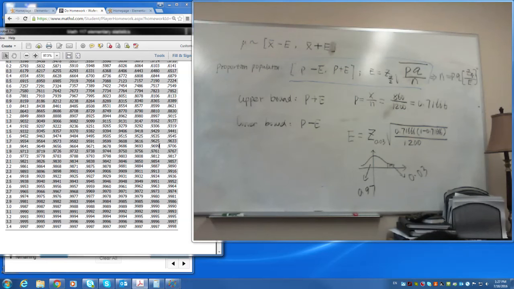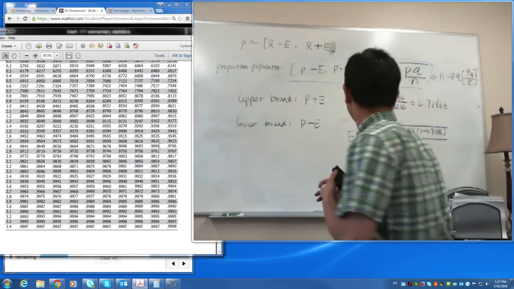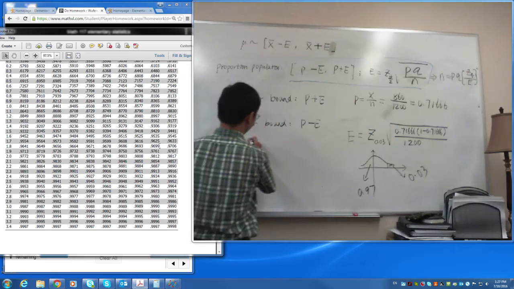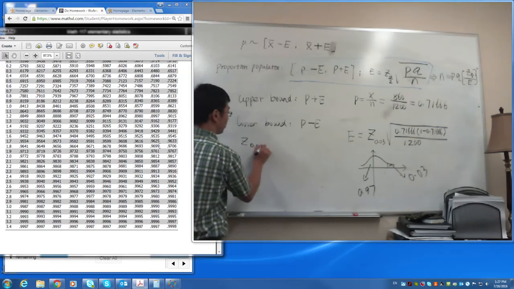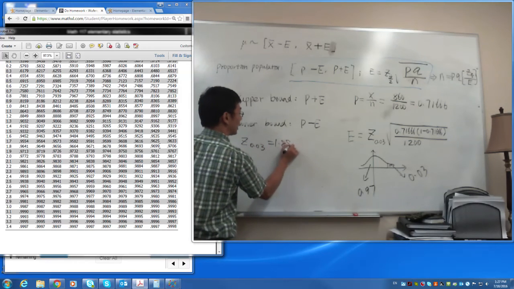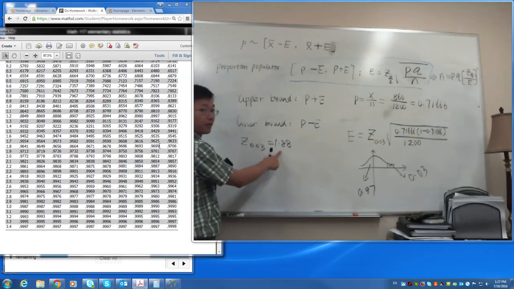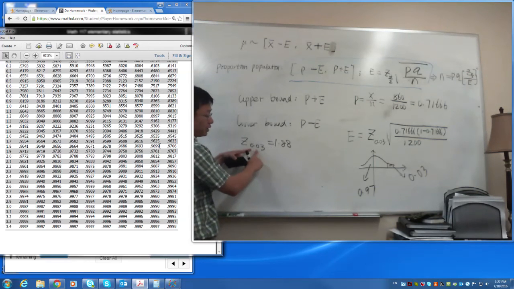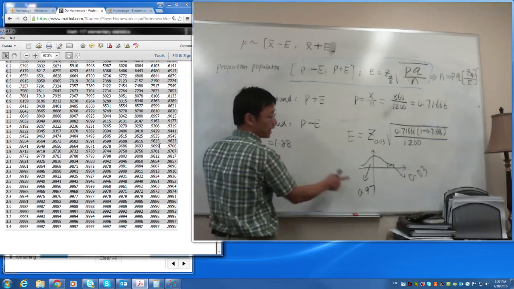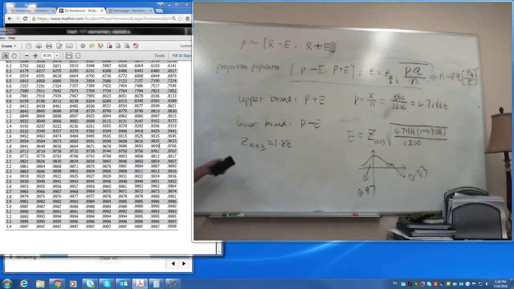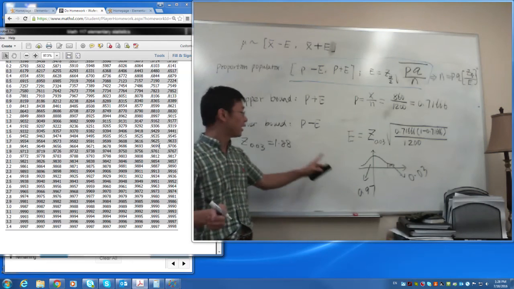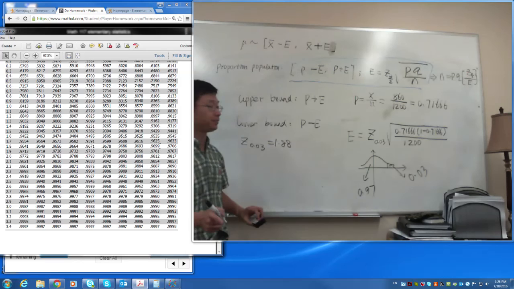So it's 1.88. Okay, so Z 0.03 equals 1.88. This is 0.97 area to the left, because Z 0.03 means leaving an area of 0.03 to the right, but we're using the area to the left in the table. So it's 0.97 in the table. Find the Z-score, which is 1.88.